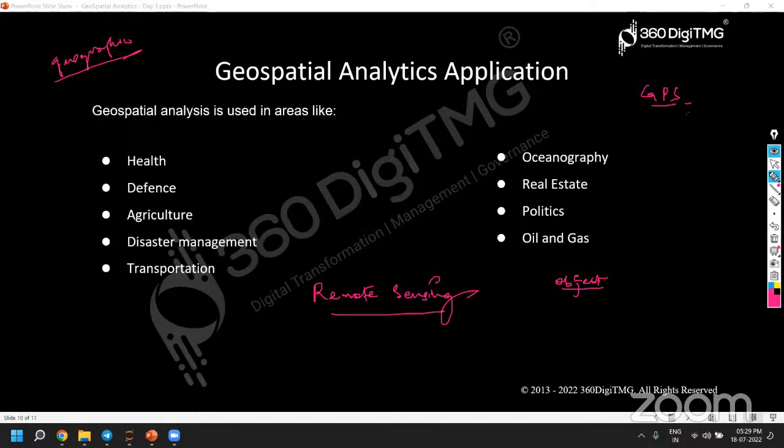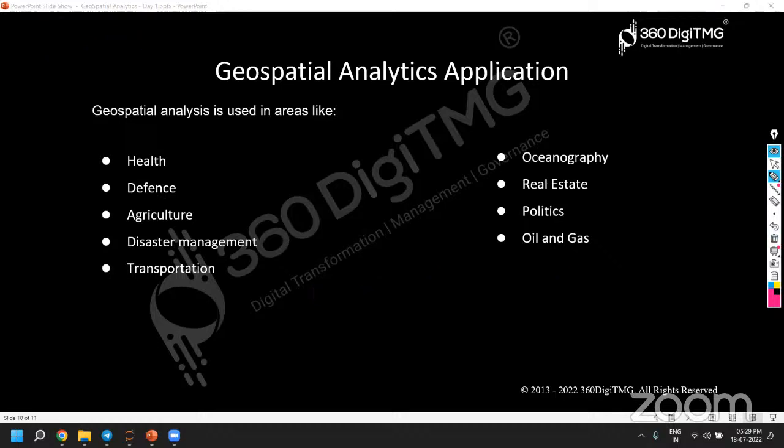Now, the first image that was captured from an aerial view was done using a hot air balloon. Those days, hot air balloons were used. This was way back in the 1850s. A majority of the geospatial analytics started in the 1800s. So in 1850 the first image was taken, over Paris.